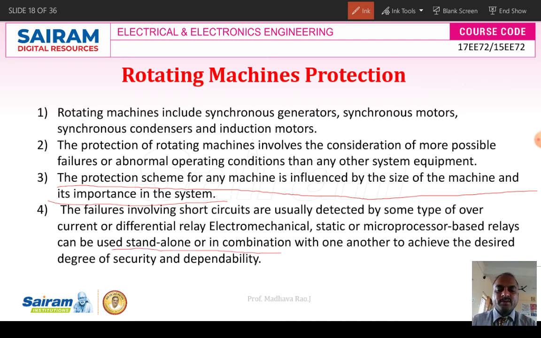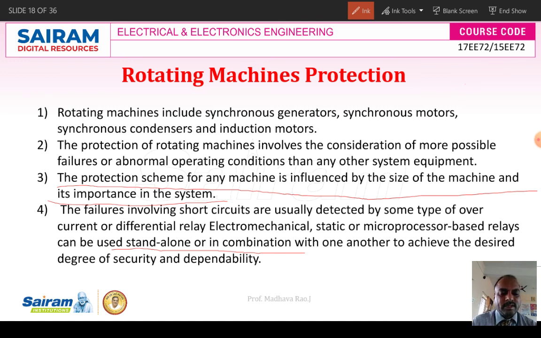For that we use standalone relays, electromechanical, static or microprocessor based relays, to achieve the desired degree of security and dependability, which means backup. We need to back up and protect the rotating machines, otherwise the equipment is damaged.